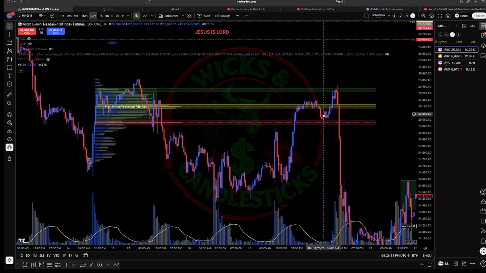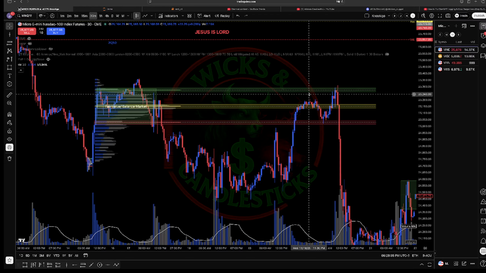And so price started a rotation. It came down here to the value area low, and then it rotated to the value area high right here. So again, when you learn the rules of the game, you play the game by the rules.